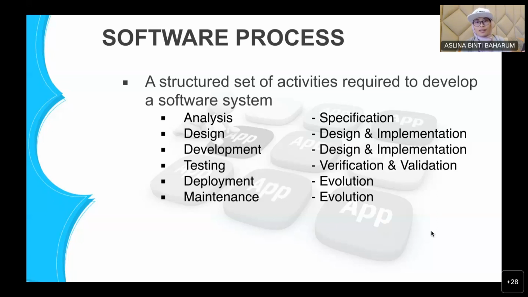Normally when we talk about software process, you will go through: analyze, design, development, testing, deployment, and maintenance. Some of the content might use other words, as you can see on the right side: specification, design, implementation, verification, validation, and evolution. But actually it's the same.